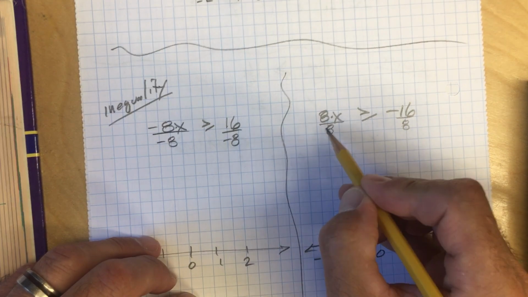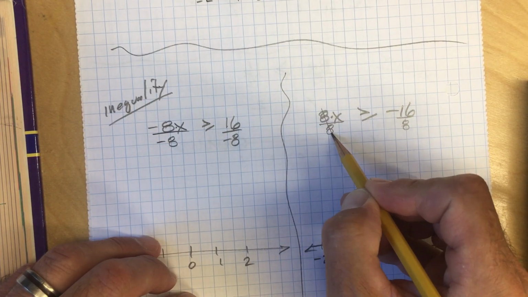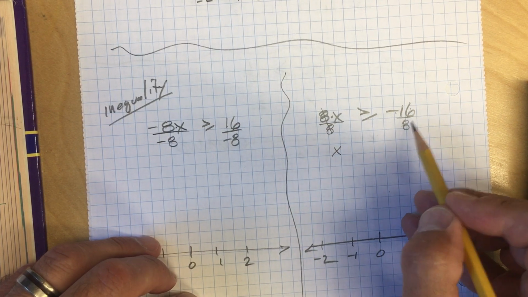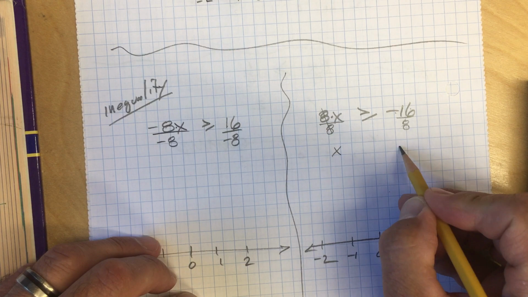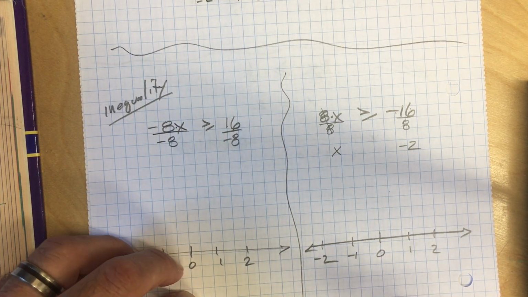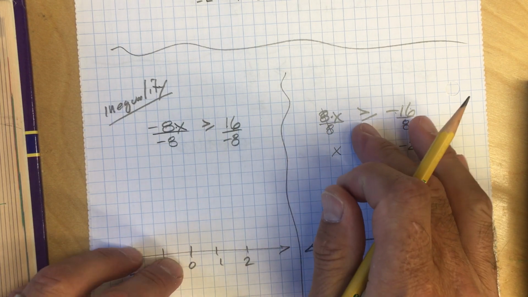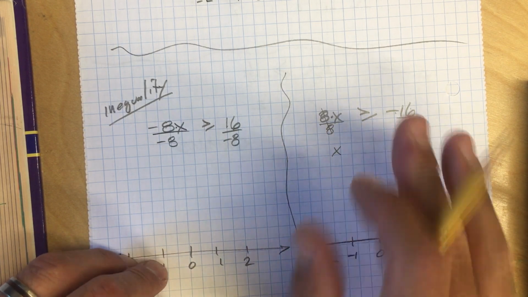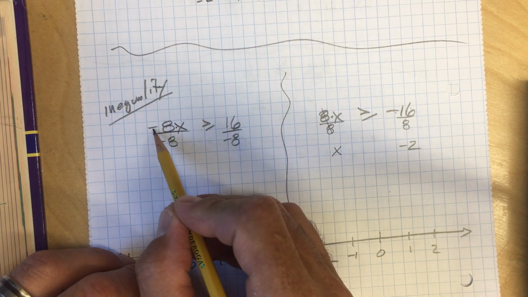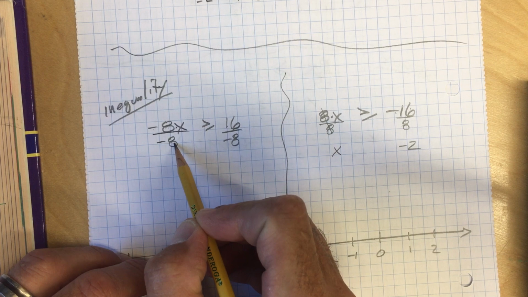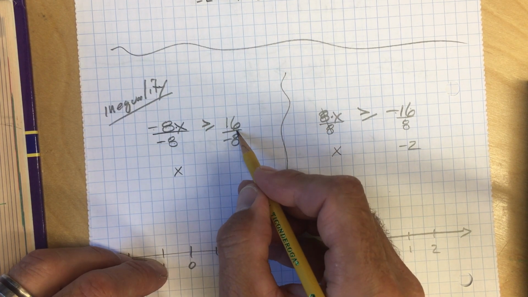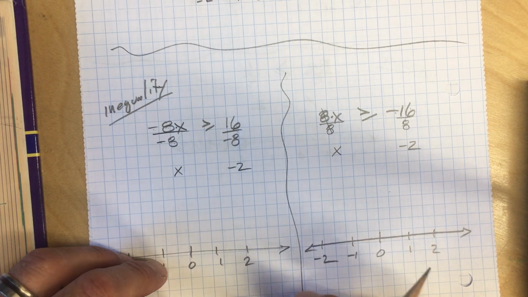In this case, 8 divided by 8 is 1 times x is x, and negative 16 divided by 8, excuse me, is negative 2. I'm not going to do anything with the inequality yet. I'm going to show you. Okay, now this one over here, negative 8 divided by negative 8 is 1 times x is x. 16 divided by negative 8 is negative 2.